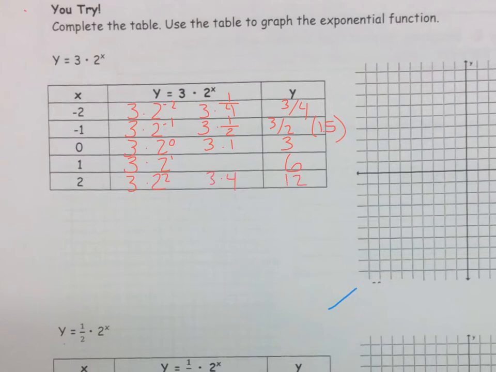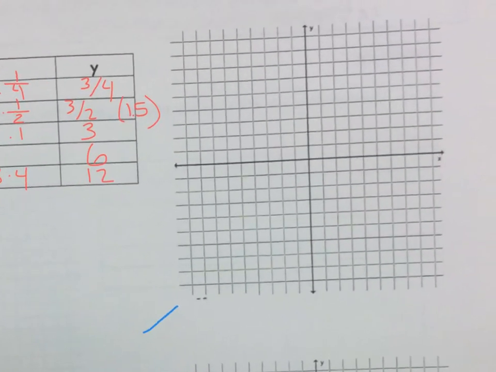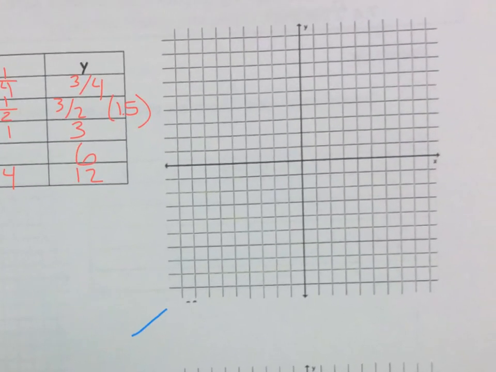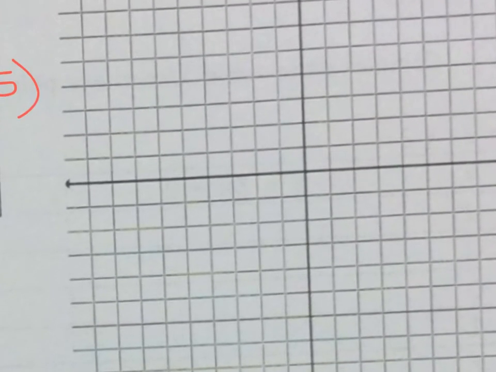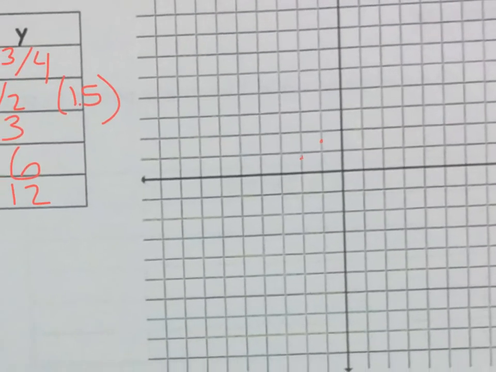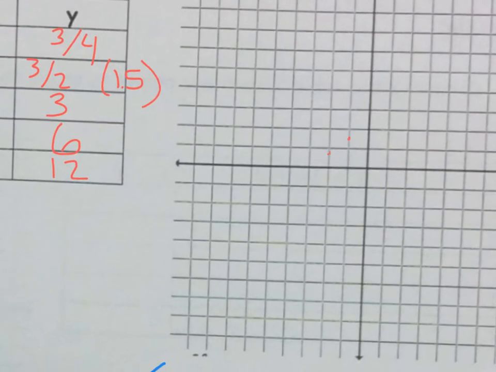Again, I'm going to come over to my graph and put those points on there. So negative 2, 3/4. I'm going to have to zoom in. 3/4 is going to be right here. Remember, it was negative 1, 1.5. 0 was 3. And then 6.